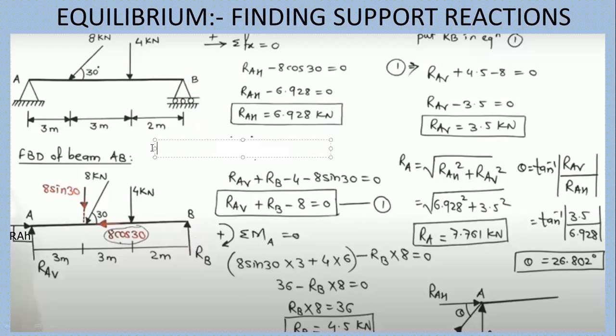We have already seen: summation of Fx equal to 0, summation of Fy equal to 0, and moment at any point equal to 0. These are the 3 conditions of equilibrium that we saw in our previous lecture.